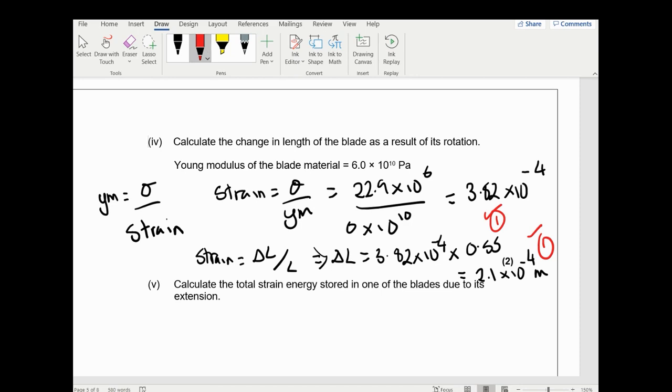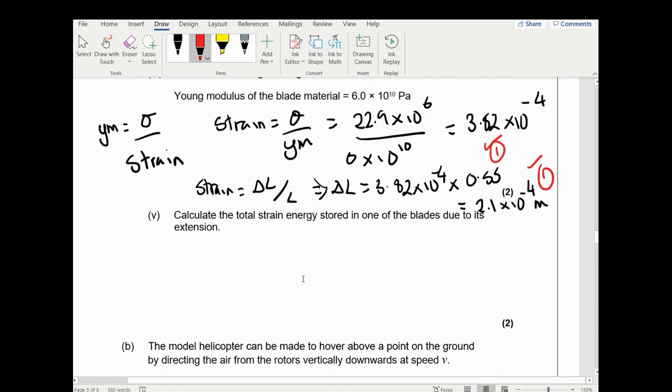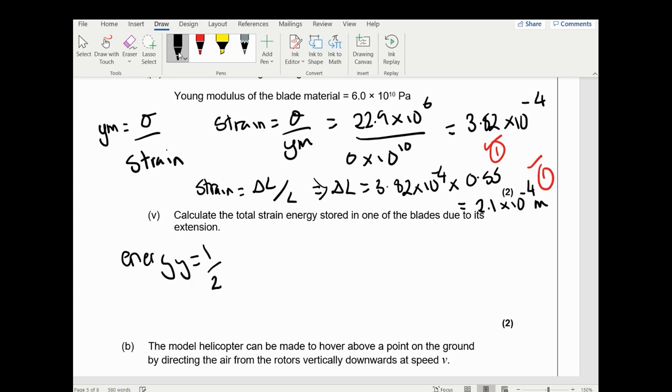Okay. Calculate the strain energy stored in one of its blades due to its extension. So strain energy, energy equals a half Fx.